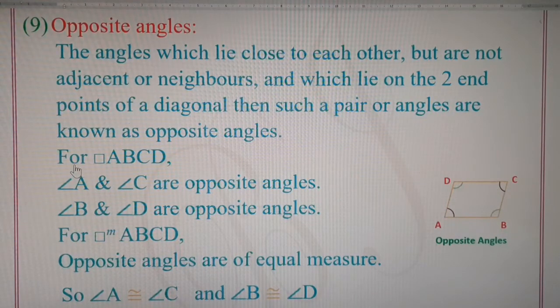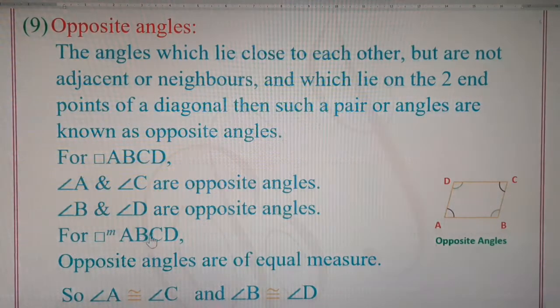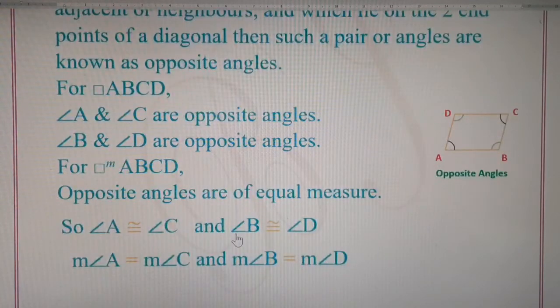So children, we can say for quadrilateral ABCD, angle A and angle C are opposite angles, angle B and angle D are opposite angles. And if the quadrilateral is a parallelogram, then we can say for parallelogram ABCD, opposite angles are of equal measure. So children, we have to also remember that in parallelogram, opposite angles are congruent angles and they are of equal measure.